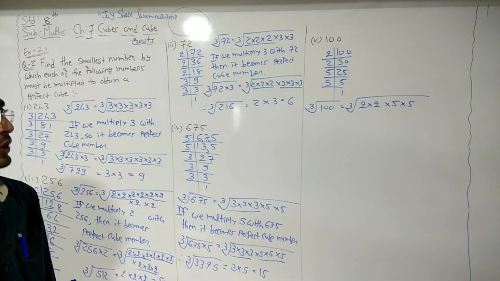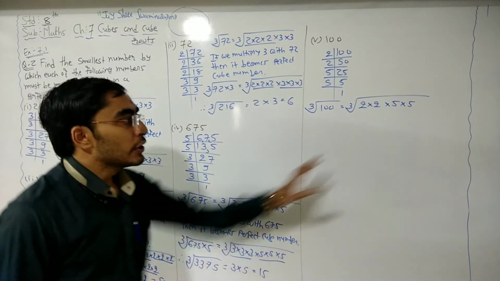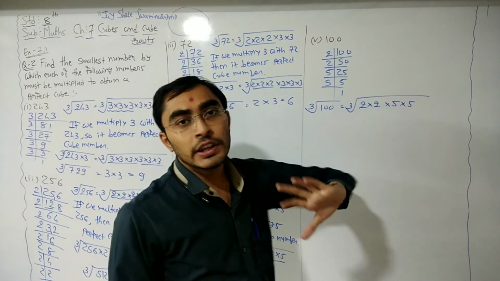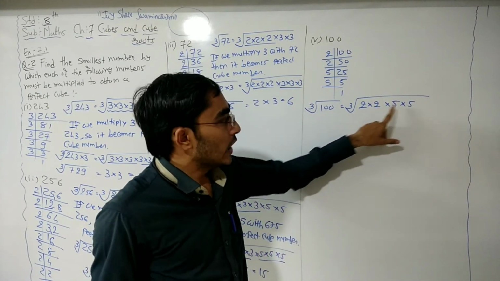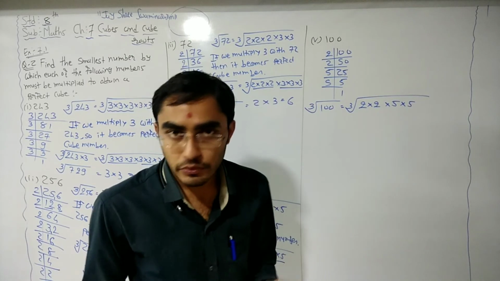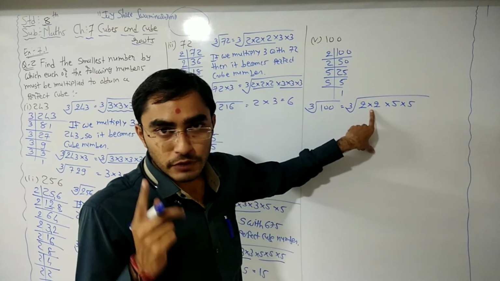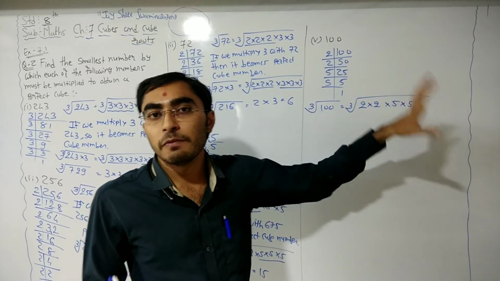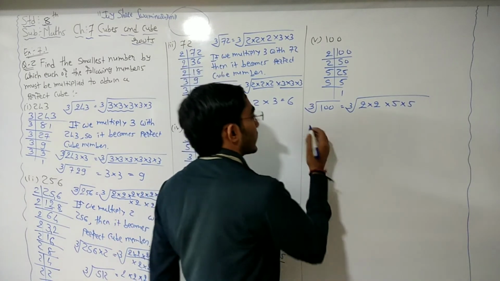Okay, so now here we don't have the pair of 2 and we don't have the pair of 5. We have 2 only 2 times, we have 5 only 2 times. So one more time we want 2 and one more time we want 5. So both the numbers we need to multiply here.